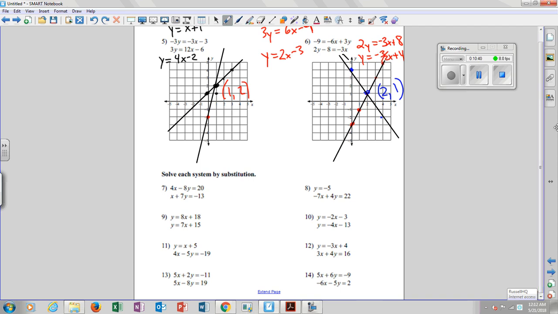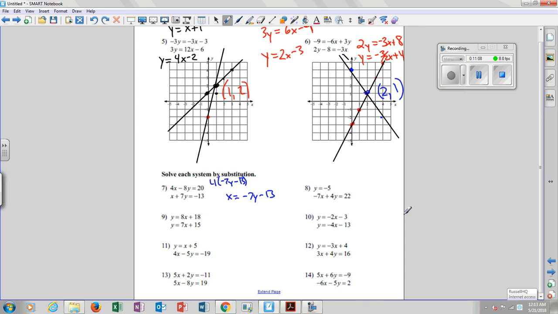For number 7, easiest way to start is going to be to get x by itself here. It's going to give you x equals negative 7y minus 13. Plug that in up here. 4 times negative 7y minus 13. So you have x equals all this, so you're just putting this in for x. Notice a lot of people struggling with this.